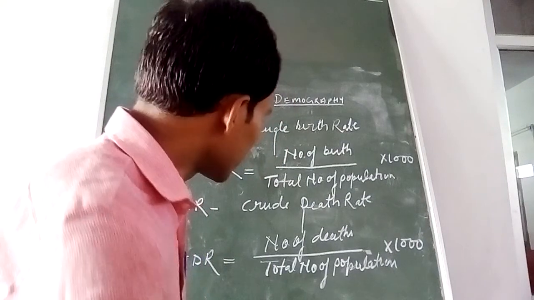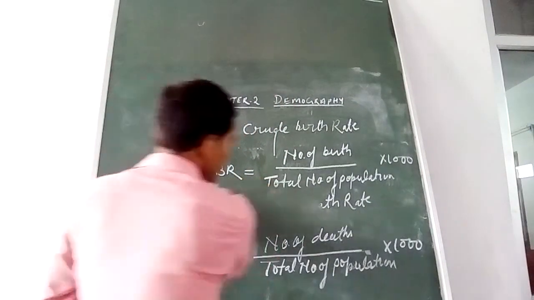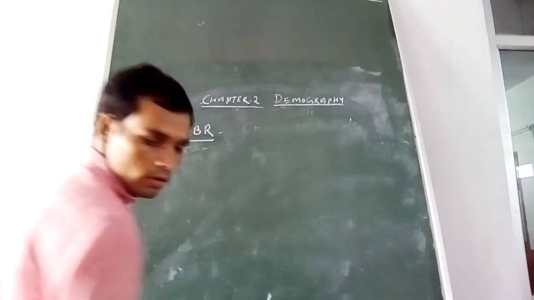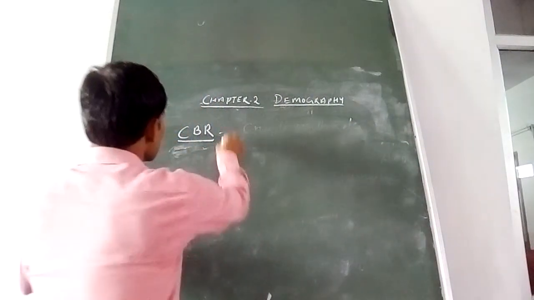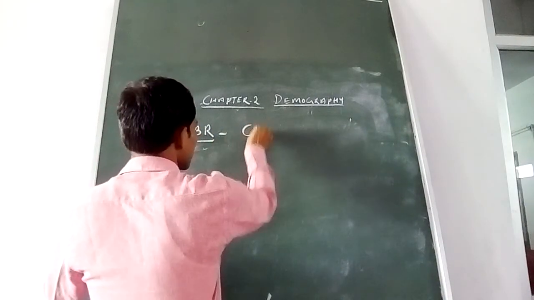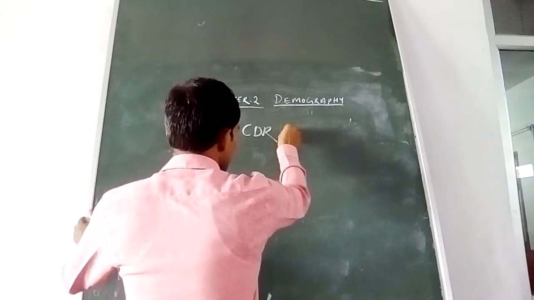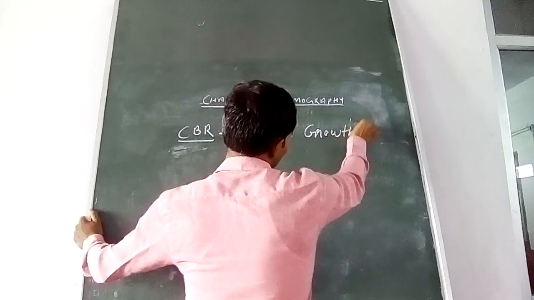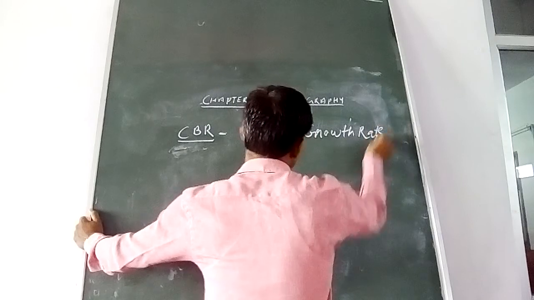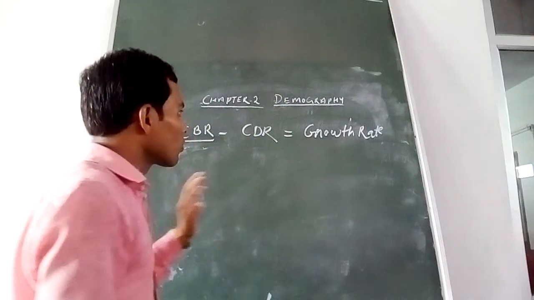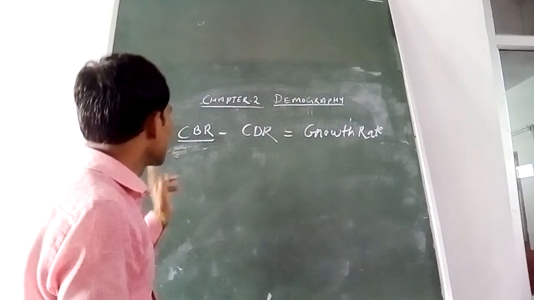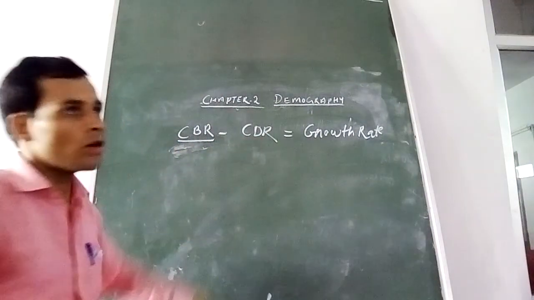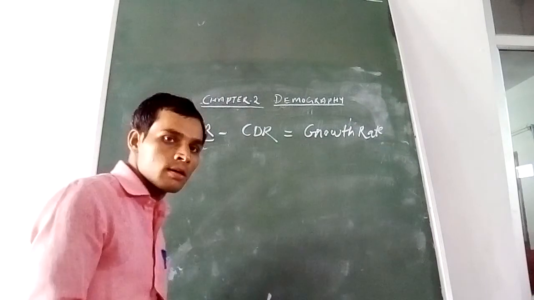Then it is said that CBR minus CDR is equal to growth rate. It means the growth rate refers to the difference between CBR and CDR. It may be positive, negative or stable.